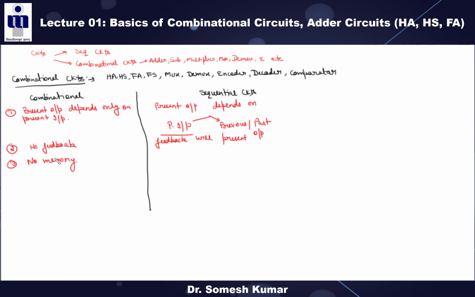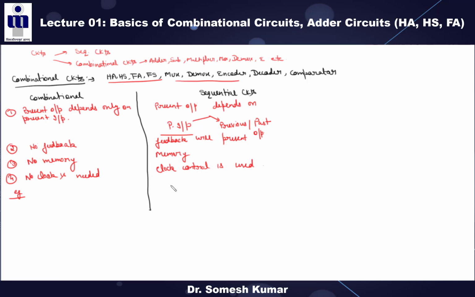In combinational circuits there is no memory element, while in sequential circuits there is memory. In combinational circuits no clock is required, while in sequential circuits a clock is needed for control purposes.